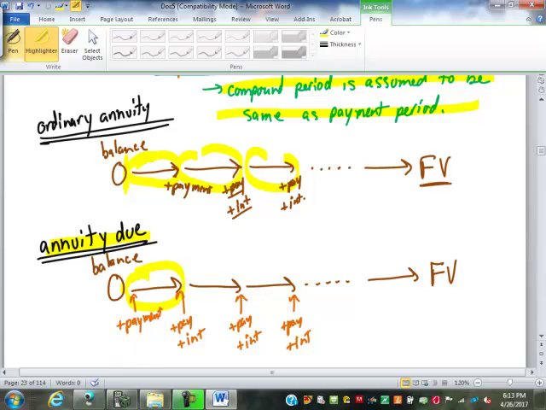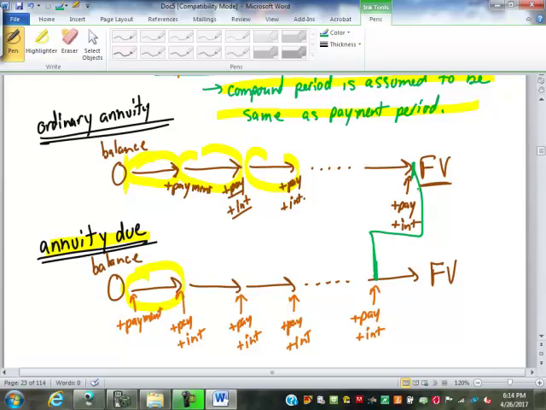What this means is at the end of an ordinary annuity, you're making your last payment at the very end, plus interest. For an annuity due, your last payment comes at the beginning of that last period. And technically, your balance right here at the beginning of that last period of an annuity due is the same as what your balance would be at the end of that last period, because everything's been made one period sooner.